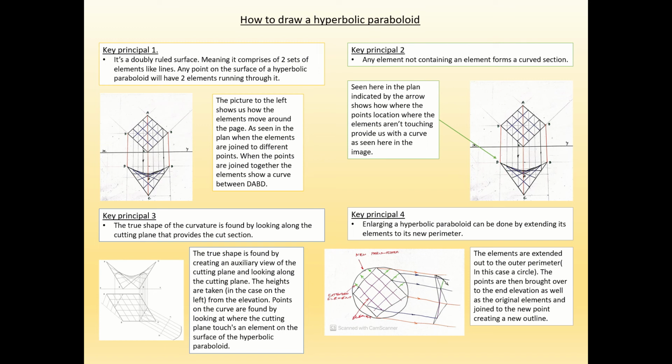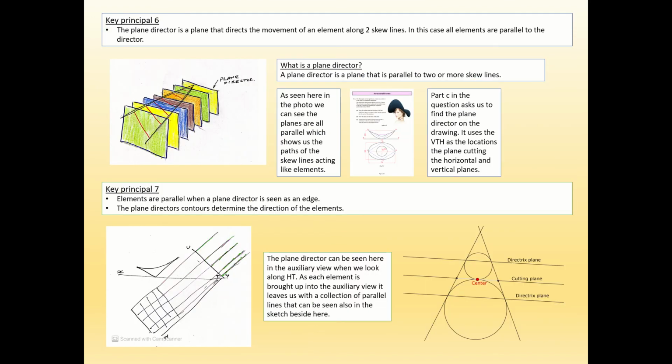And then find the true shape of the curve, and then enlarging, so you can see that the green lines show how the elements are stretched out to the outer circle, and then they're brought across into the end view.